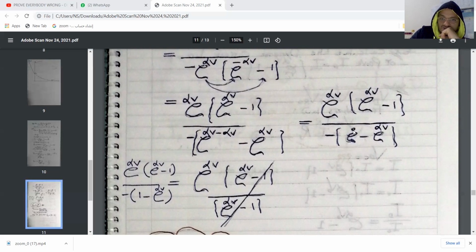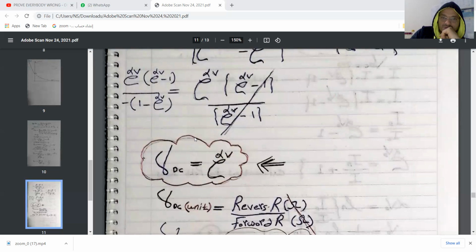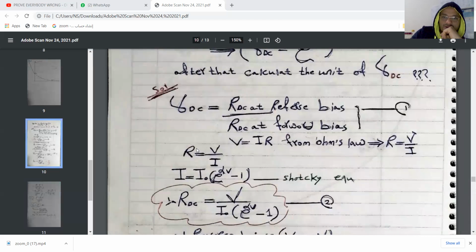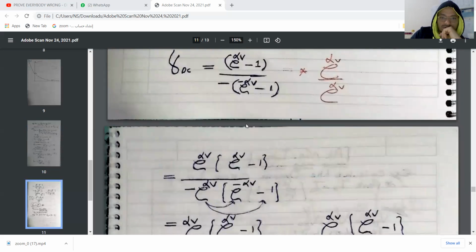After that, exponential 0 equals 1, minus 1 plus exponential V, or we can say exponential alpha V minus 1. We can delete all of these, so at last we are dealing with this element, exponential alpha V. That means the rectification of dynamic equals exponential alpha V. That means we proved it.